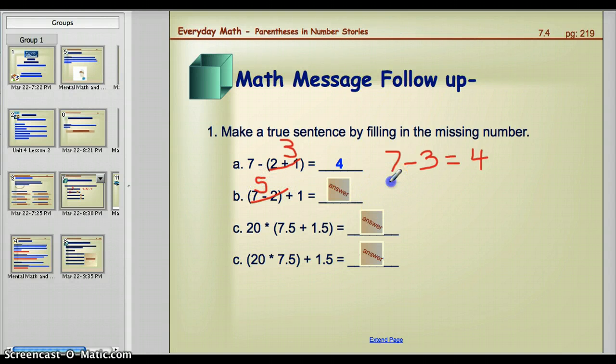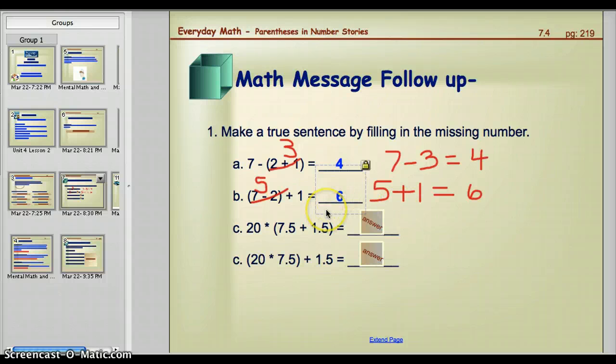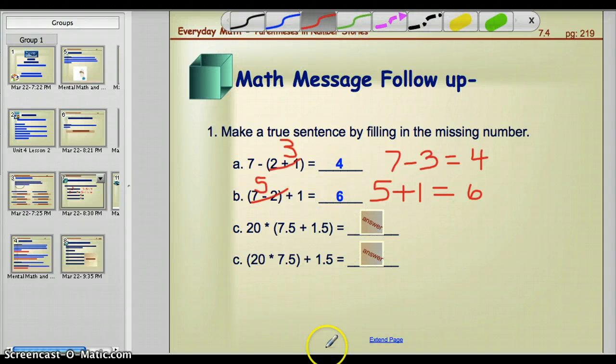For the next step, 5 plus 1 equals 6. And my answer is correct. So after doing two as a whole class, I would have the students do these two on their own. I'd give them a couple minutes, have them solve, and just to speed things up, we'll do them together right now.